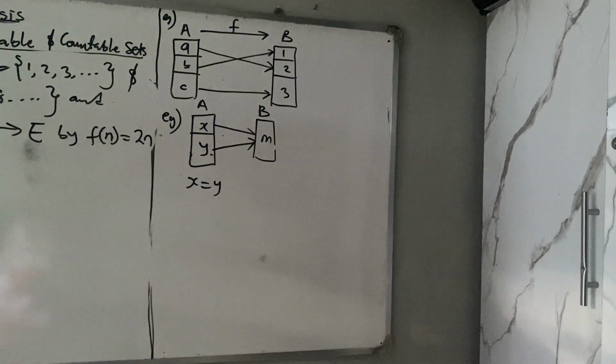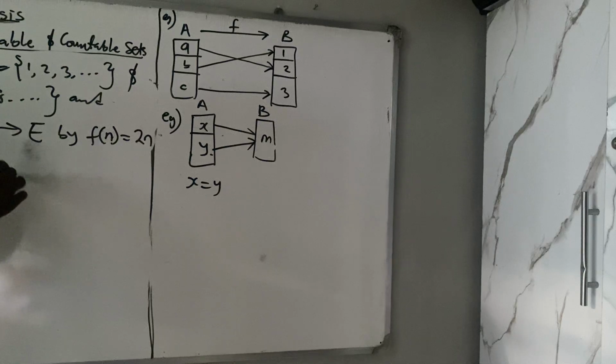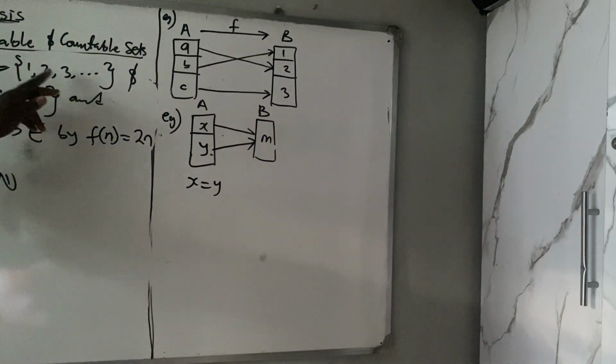Now, let's consider this. It is obvious that this function is 1 to 1. But let us see if it is 1 to 1. We are given n1 and n2 that belong to this N. We are picking any two elements here.